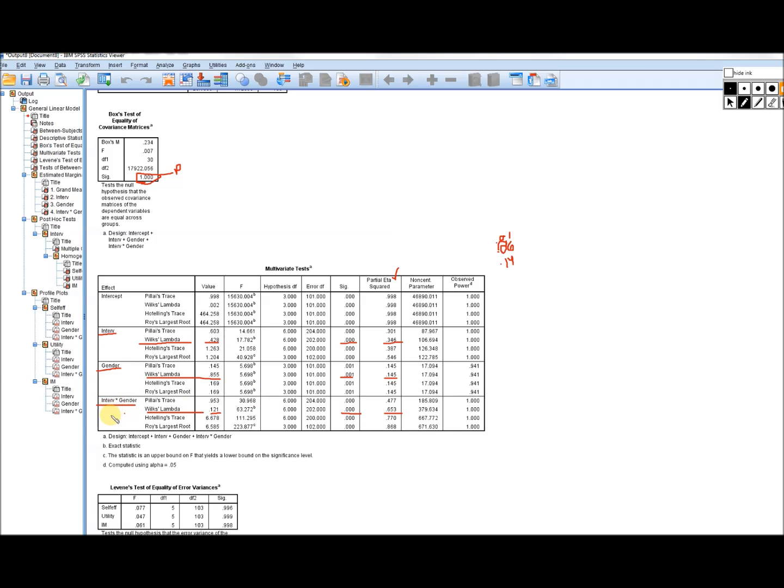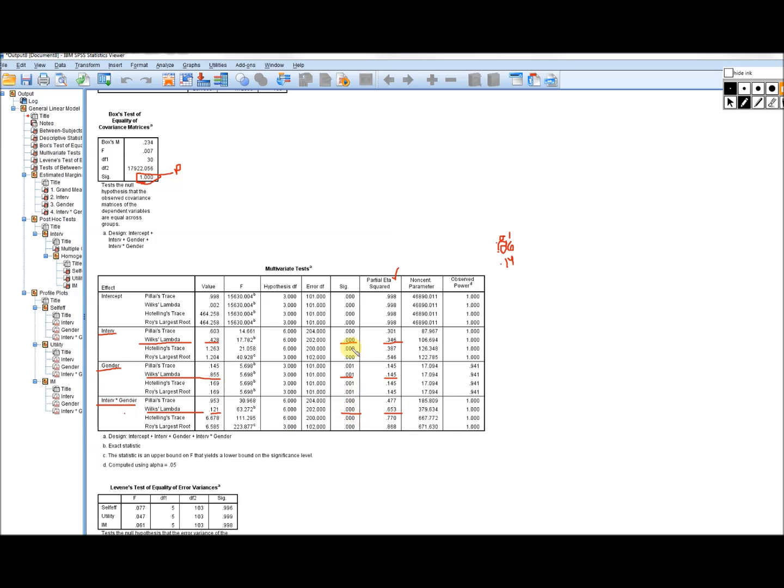So the choice of the focal independent variable and the moderator variable is one of theoretical concern. It's not mathematical. Both statements are true concerning the interaction between the two variables.